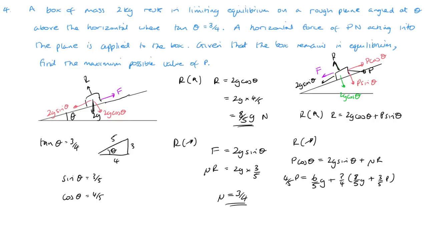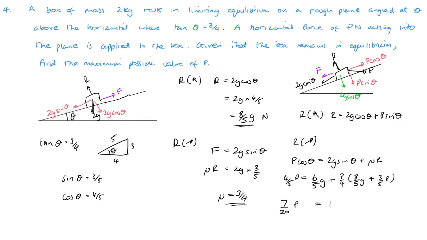So now I can rearrange to find out what P is. So we've got 3/4 of 3/5 is 9/20, and 4/5 minus 9/20 is 7/20. So 7/20 of P. And then we've got 3/4 of 8/5 g, which is 6/5, plus 6/5.